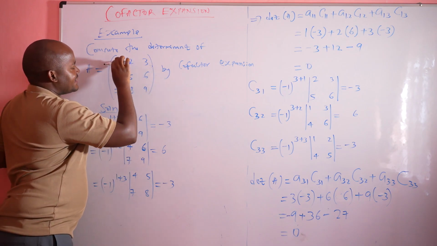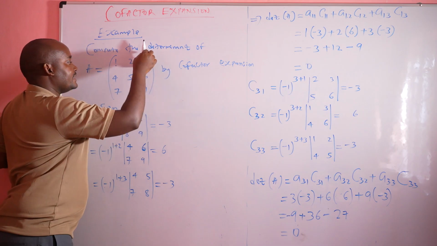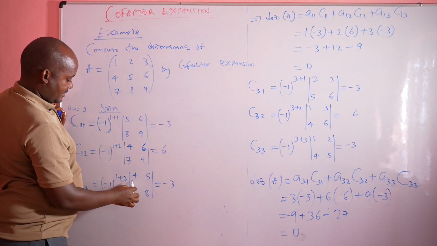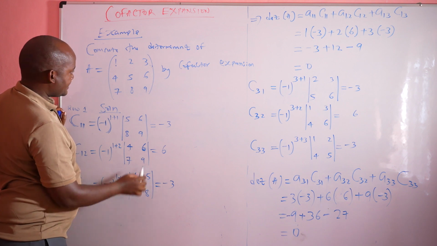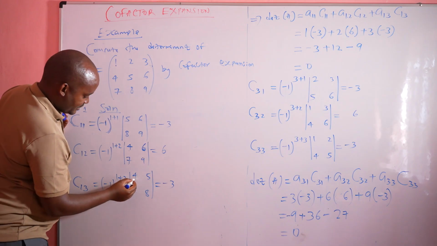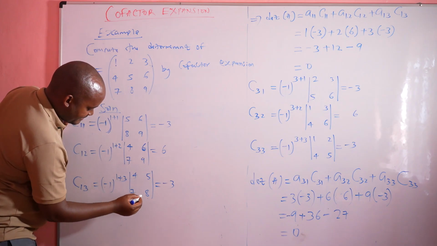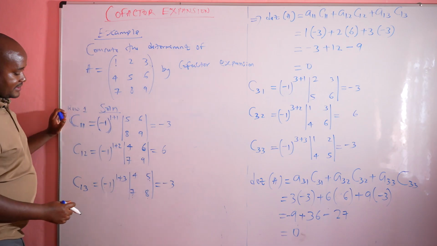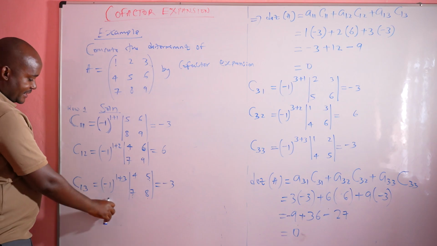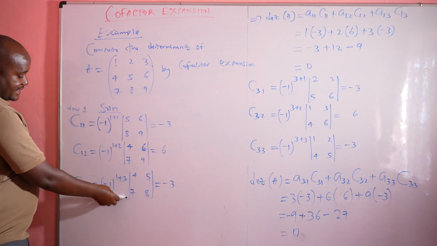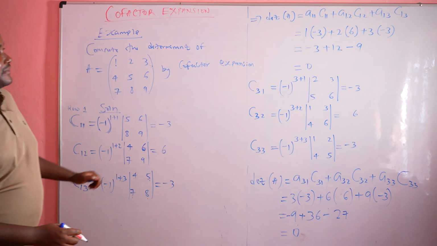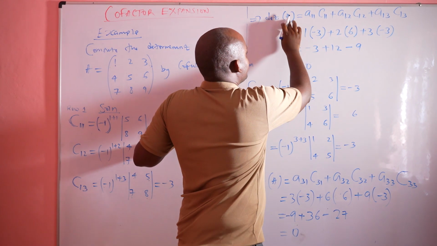We delete this row and this column, and we'll be left with this submatrix, the entries 4, 5, 7, 8. Computing this determinant, it is 4 times 8 minus 7 times 5, which gives us negative 3. Negative 3 multiplied by positive 1 gives us negative 3.